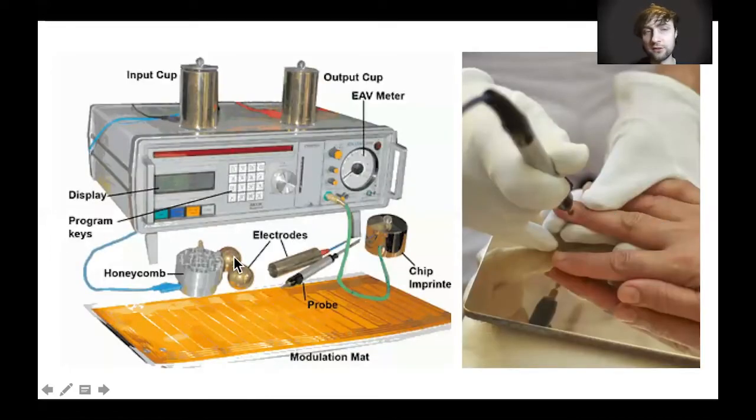This is an example of some old devices and technologies, showing how a practitioner would create informational copies of substances. They would put the original substance, some actually active biological substance, in the first cup, and then transfer the signal to the second cup where they would place water. Then the patient would drink the water and get similar effects as from the original substance.